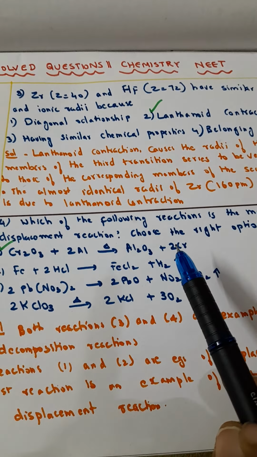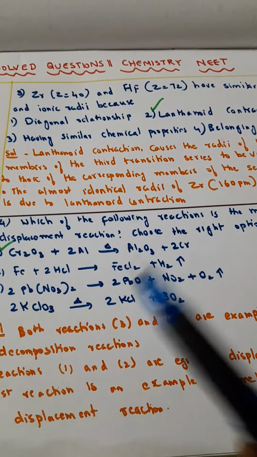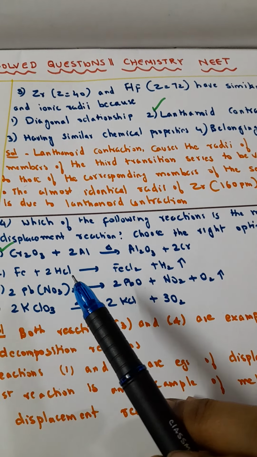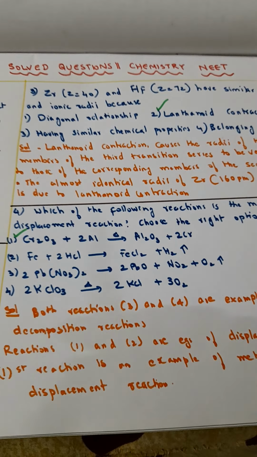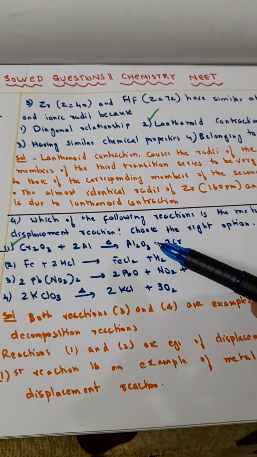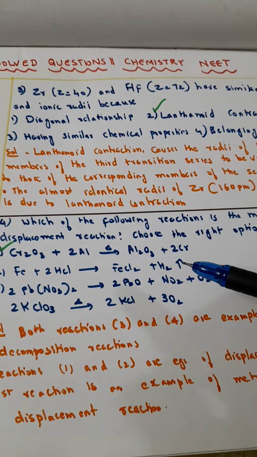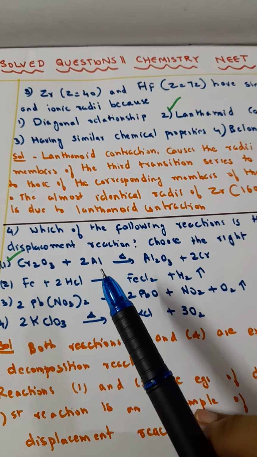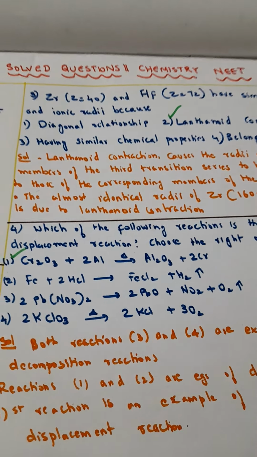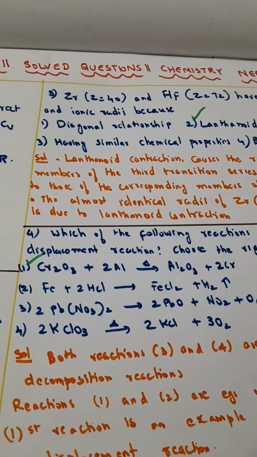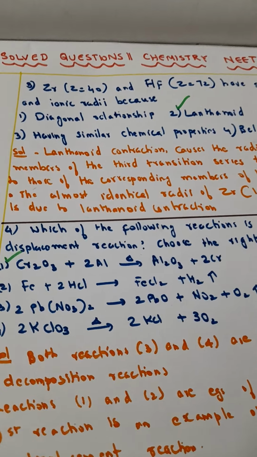Such types of reactions are called displacement reactions. Here iron will accept chlorine and hydrogen will go out. So the first reaction is the example of metal displacement reaction. Remember, chromium and aluminum are metals, and the first option is the correct answer.